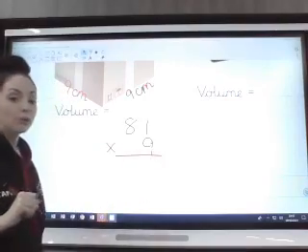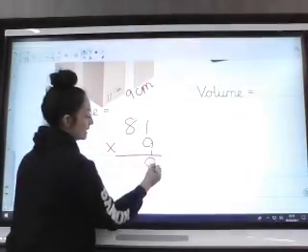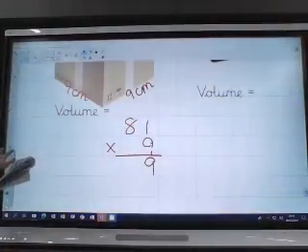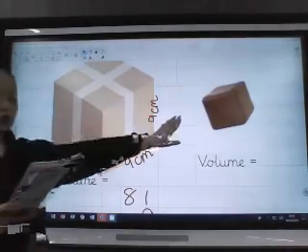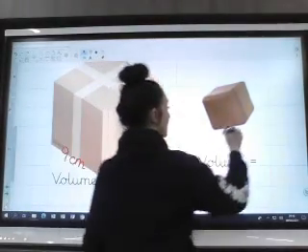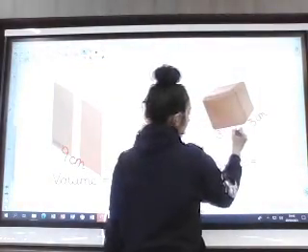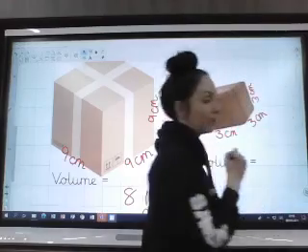And you can do short multiplication, can't you? Okay, so 1 times 9 is 9. And then you do your 8 times 9 and add it in there. I don't want to give your answer away. Okay, then for your volume of your chocolate then, it said the side length was 3 centimetres. So if this side is 3, this side is 3, and the height would be 3.